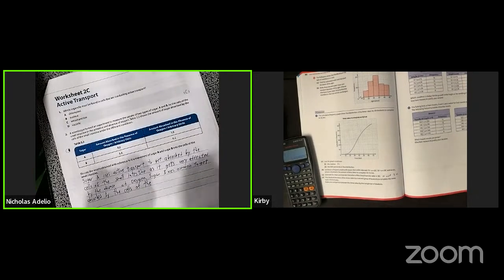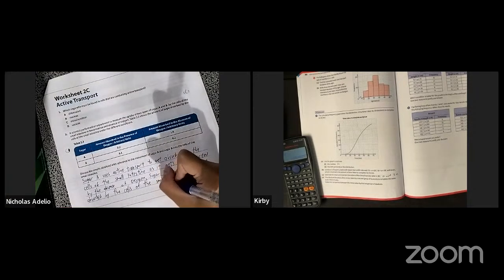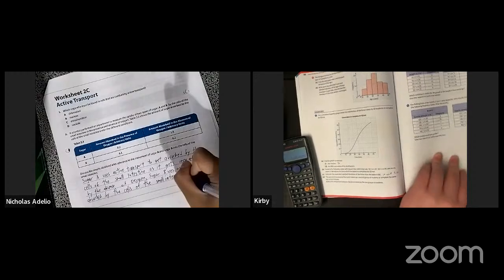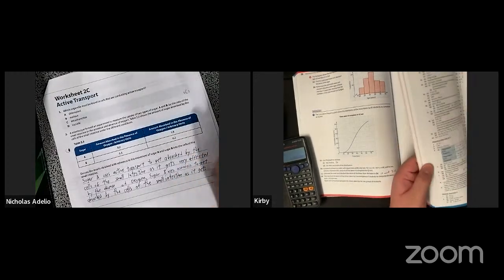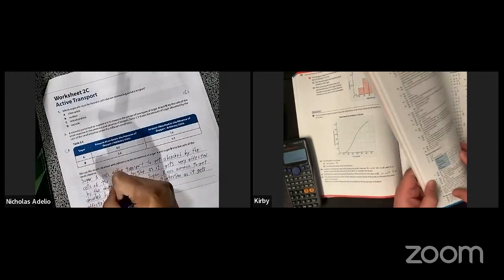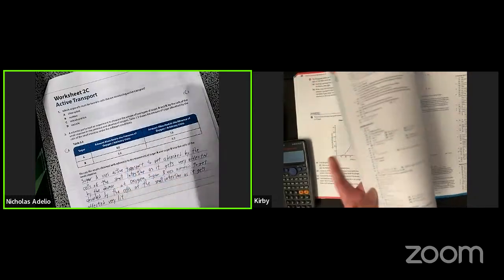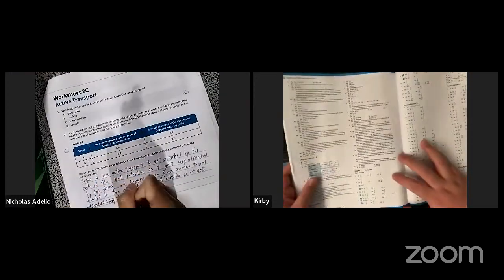Sugar B uses osmosis to get absorbed by the cell. How is it, Kirby? Is it correct or not? I'm checking. Do I say affected very little?